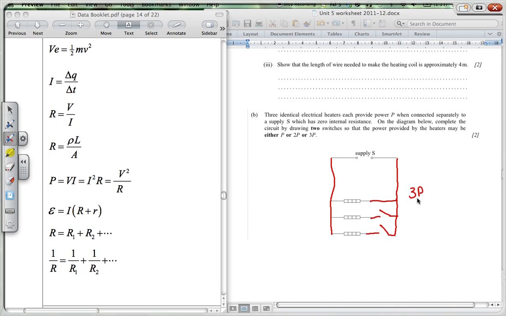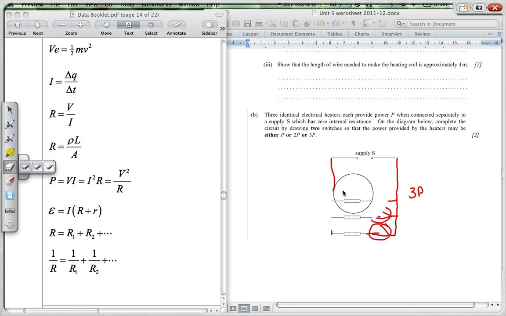This would be the biggest power, because if I close the switch over here, I'm going to halve the resistance, and so I'm going to get double the power. And when I close the switch here, I would get a third of the resistance, and therefore 3 times the power coming out. Okay, so that would be a possible way.